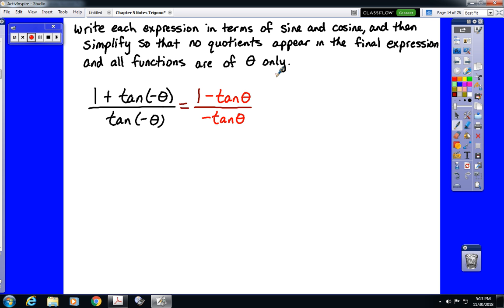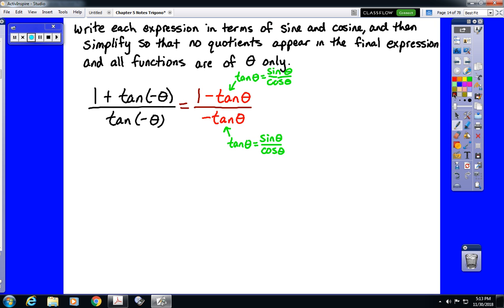Okay? So then what we have to do is write everything in terms of sine and cosine. So in both this case here and on the bottom, we're going to replace that tangent with our quotient identity, which says tangent is sine over cosine.